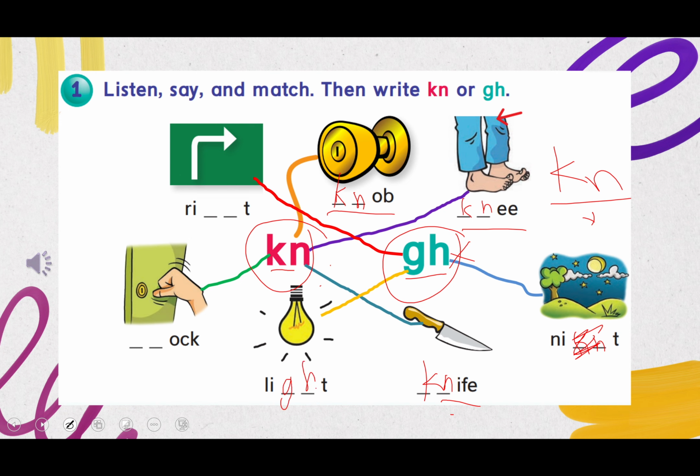Light. Here I can say light. Knock. The K is silent. So KN always, every time, comes at the beginning of the words, like in knob, knee, knife, and knock.